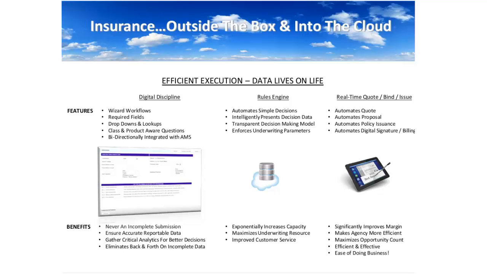We get to institutionalize our intelligence, which means we get to build it right into the guides. B, we get to apply digital discipline, which is really important because it helps us automate other processes. And the third thing is that we get to automate processes and vastly reduce the workload that the user has.